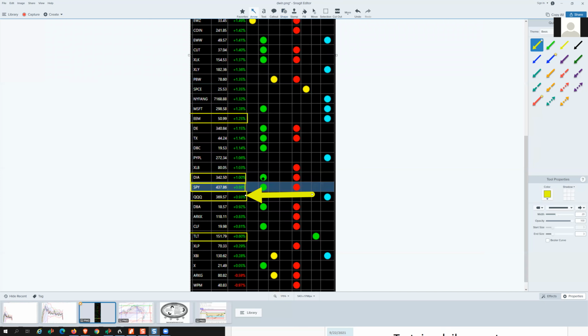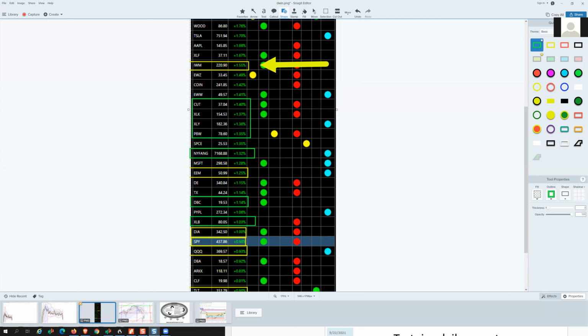for our sectors? Well, materials up a little over 1%. Blended commodities 1.14. The FANGs 1.3. It's the second day in a row they've done better. Clean energy 1.35. Consumer discretionary, technology, lumber, Mexico, Brazil 1.5.